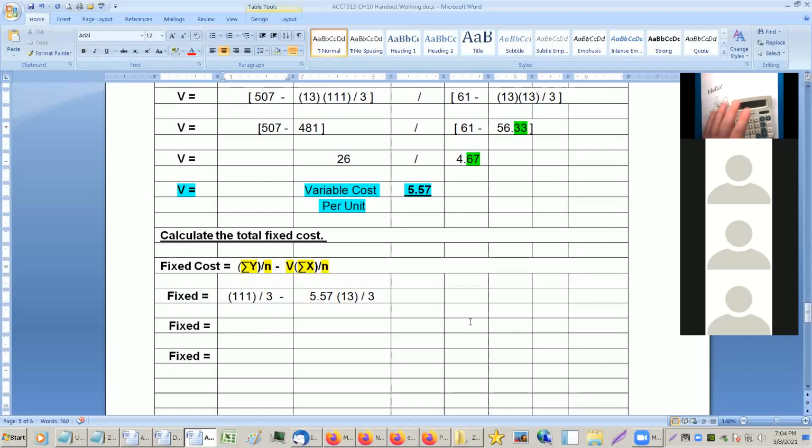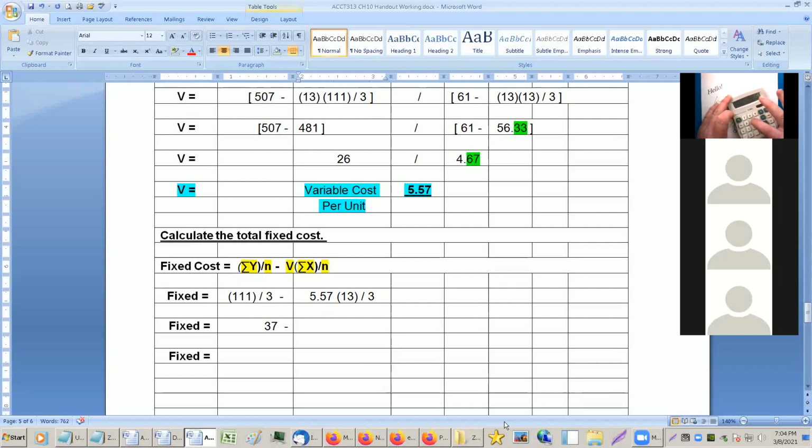Okay, 111 divided by 3. $37 minus, oops, other way. I'm going to do these all at once. So take 5.57 times 13 divided by 3.